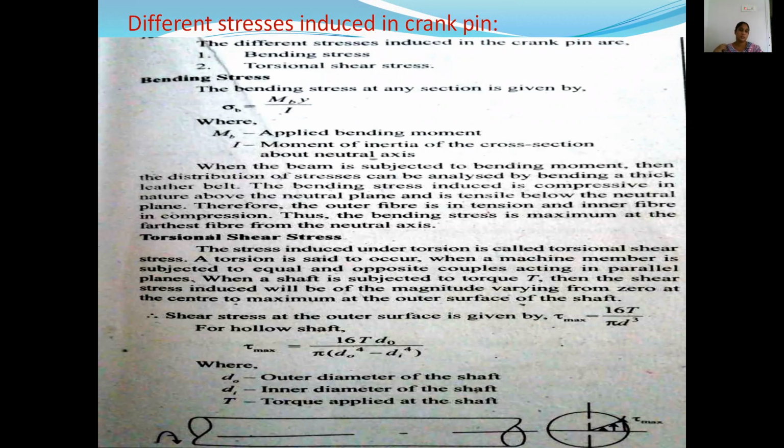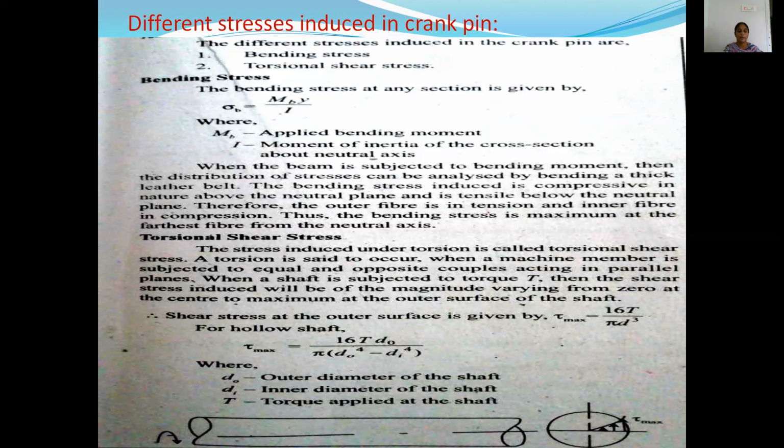The bending stress at any section is given by sigma b is equal to Mb into y by I, where Mb is the applied bending moment and I is the moment of inertia of the cross section about the neutral axis. When the beam is subjected to a bending moment, the distribution of stresses can be analyzed by bending a beam.